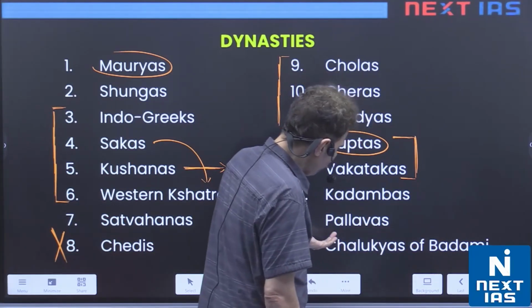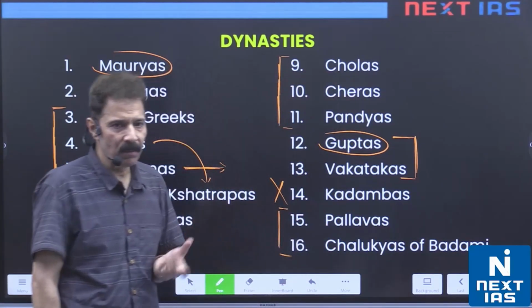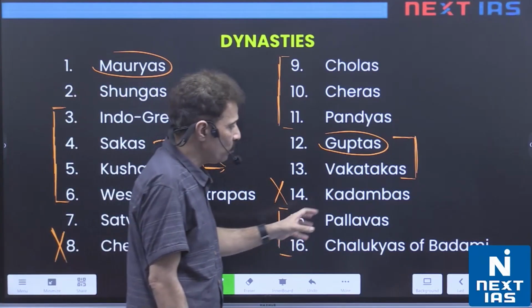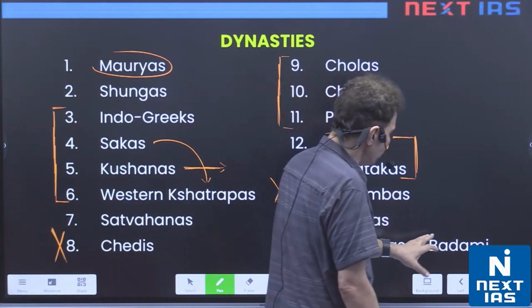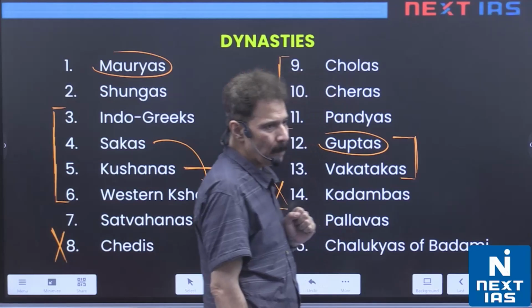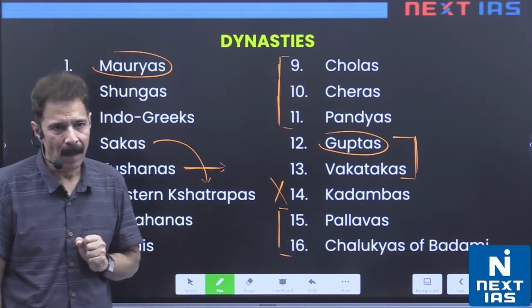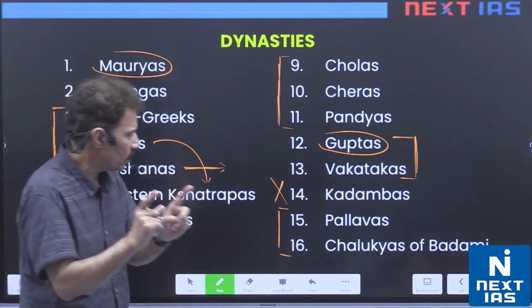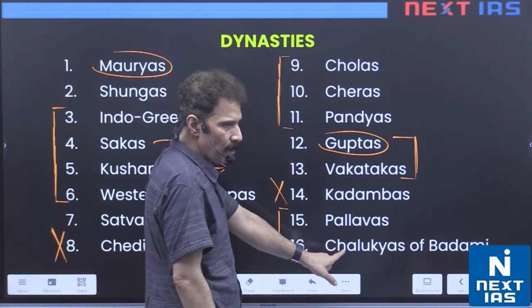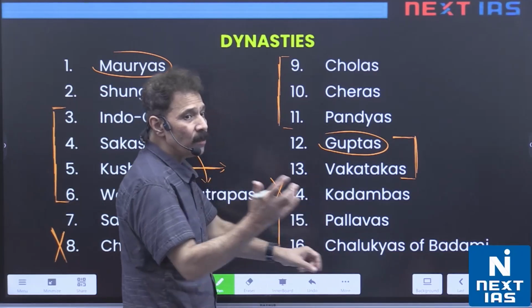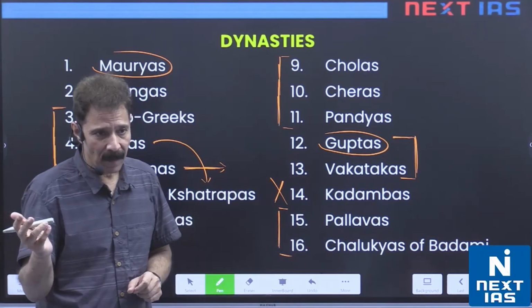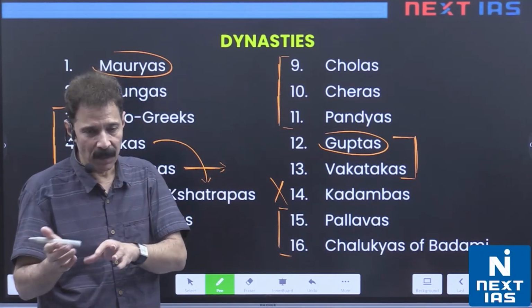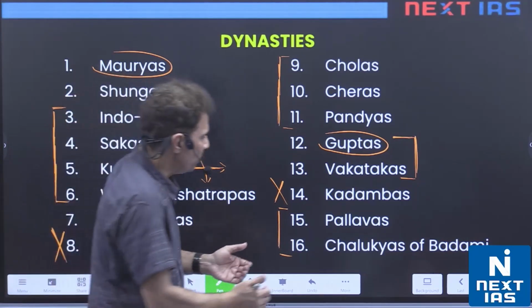We call these the Chalukyas of Badami because their capital was Badami, situated in Karnataka. Among many, the first was the Chalukyas of Badami. Many other branches, like Eastern Chalukyas of Vengi and Western Chalukyas of Kalyani, emerged out of this.